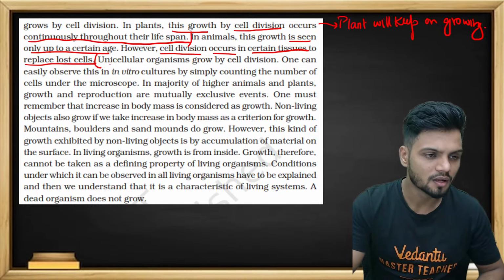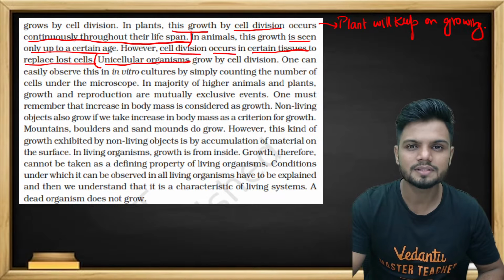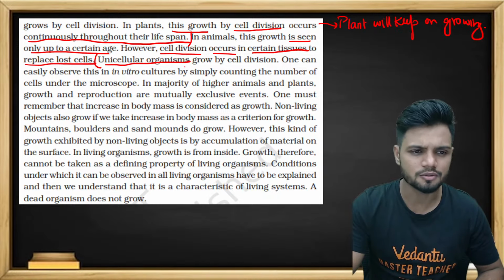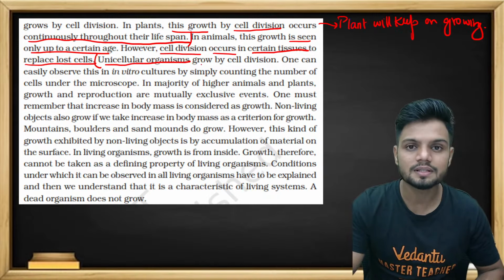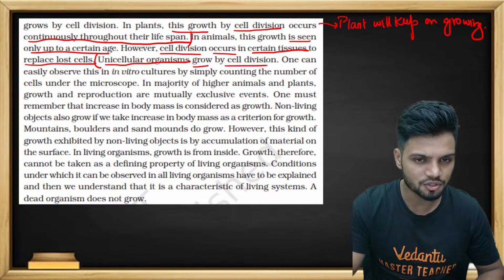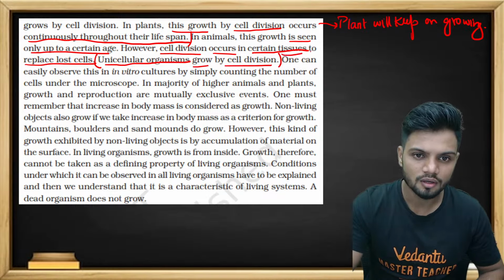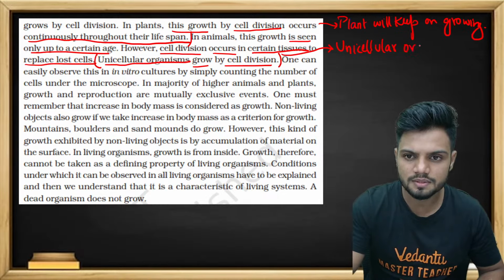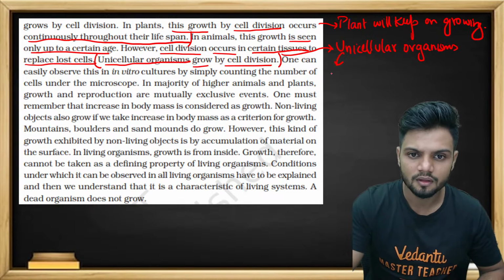Now next statement. Unicellular organisms, basically microorganisms, prokaryotes, right? Even certain eukaryotes also. Unicellular organisms, single cell, grow by cell division. So, in the case of unicellular organisms, understand the statement.